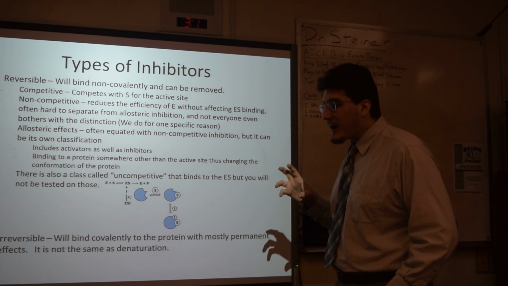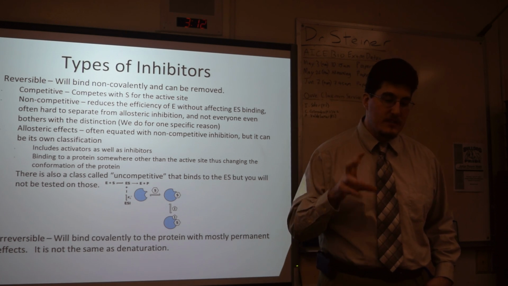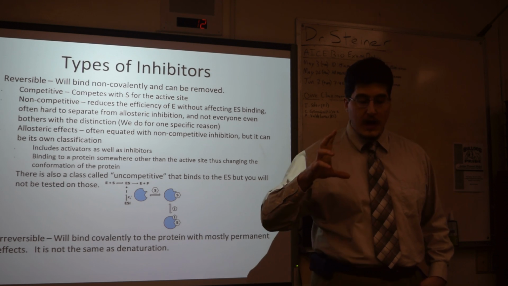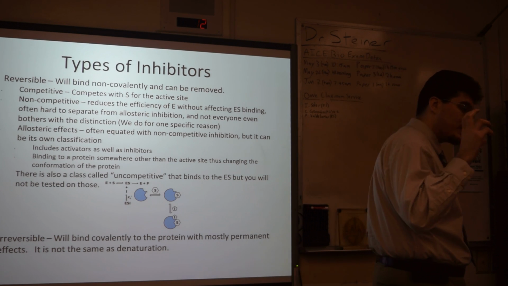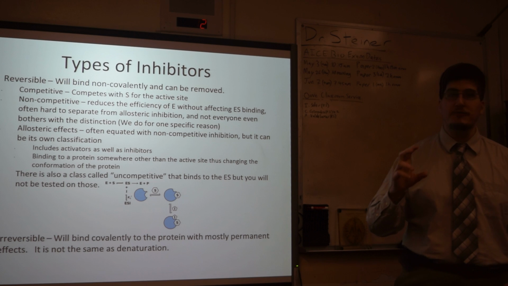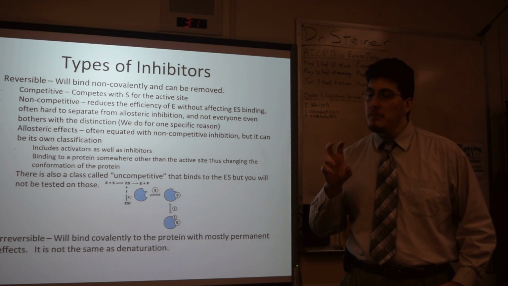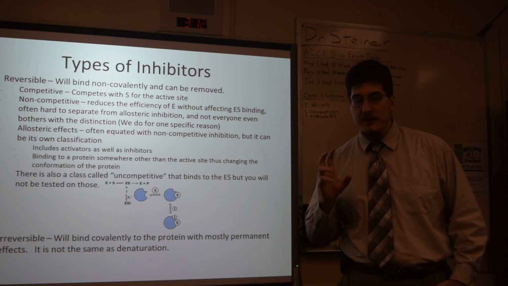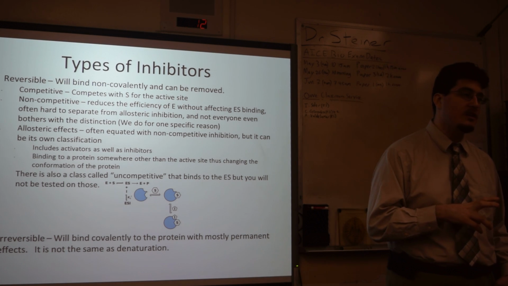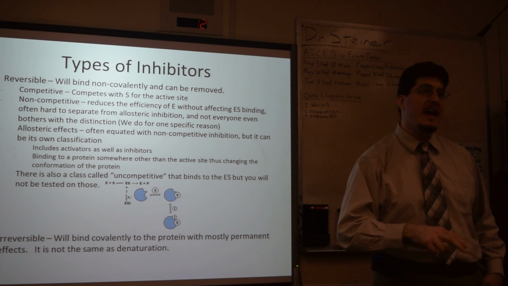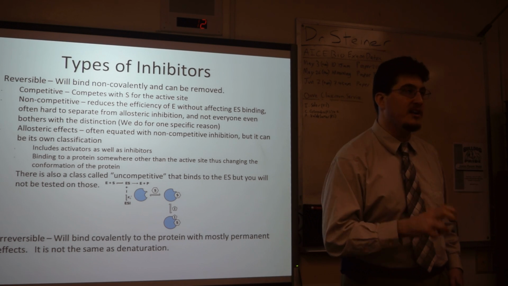And this is actually an important distinction specifically for Cambridge. Oftentimes they will ask you for specific definitions, to define something or to name the type of inhibition. If they give you allosteric inhibition, you need to say allosteric inhibition, not non-competitive.